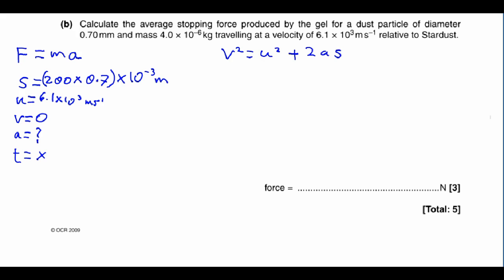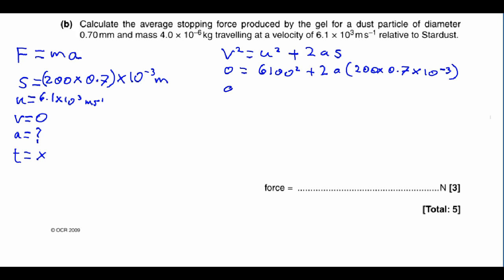2as. Substituting the numbers in, we have 0 equal to 6100 squared plus 2a times 200 times 0.7 times 10 to the minus 3.